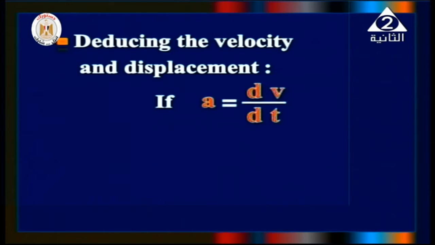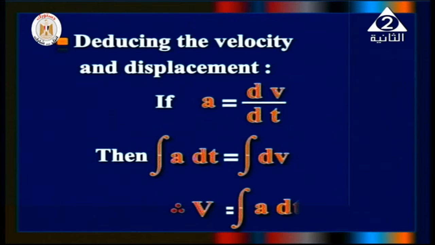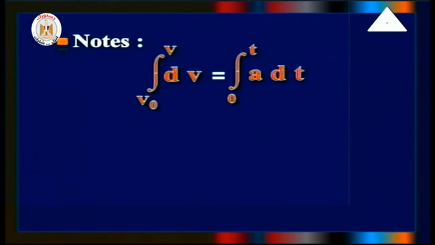Deducing the velocity and displacement: acceleration is dv over dt. Then, my dear student, the integral of a dt equals the integral of dv. We know that acceleration equals dv over dt. Therefore, velocity equals the integral of a with respect to time t. The integral from v naught to v of dv equals the integral from 0 to t of a dt.